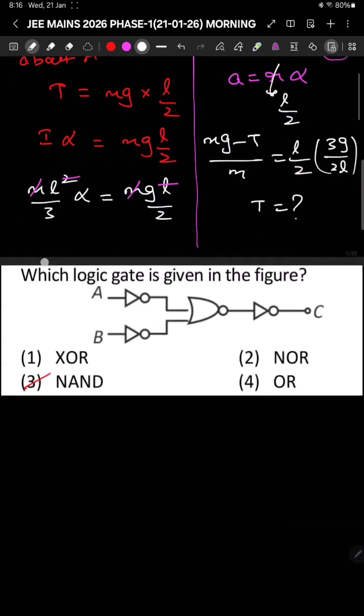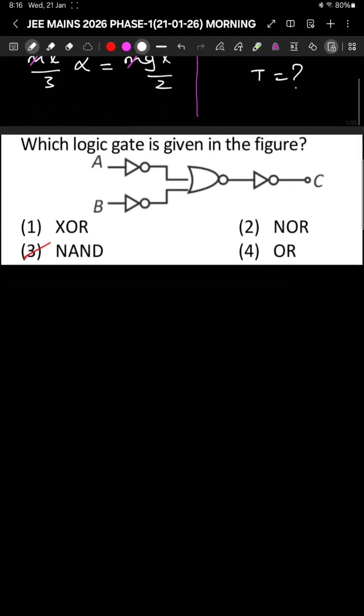Question number 2. It is A given. This becomes a NOT gate, so this becomes A bar. It is B given, this becomes B bar. It is a NOR gate. NOR gate means it should be (A plus B) whole bar.